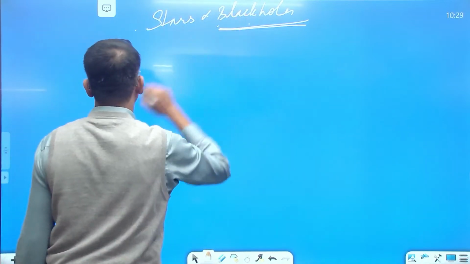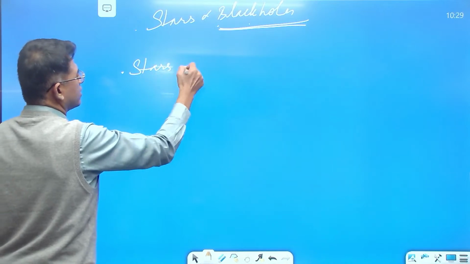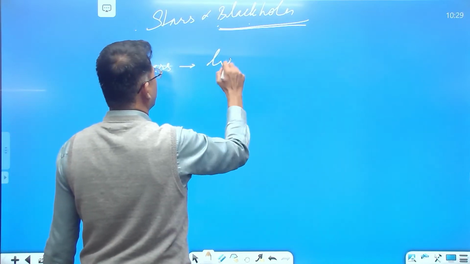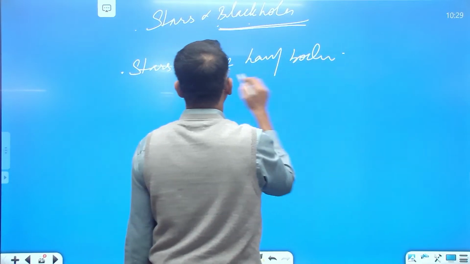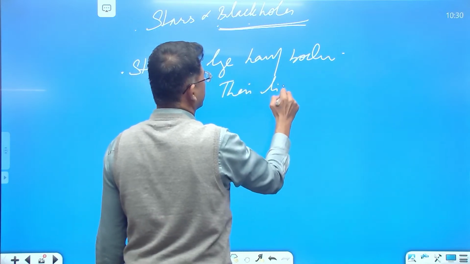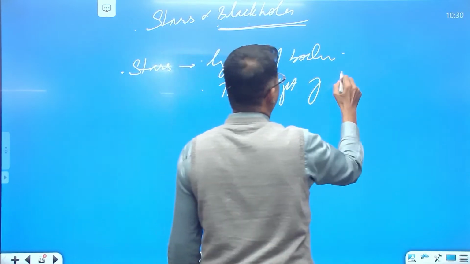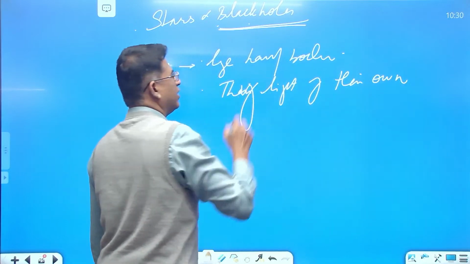Stars and black holes. So quickly, I believe you know what stars are. Stars are large heavenly bodies. They have light of their own.